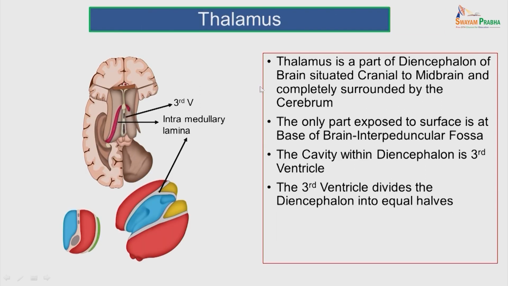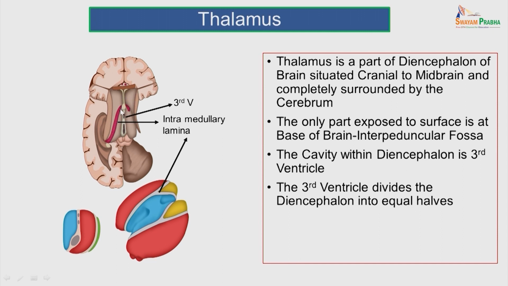The thalamus is a part of the diencephalon which is situated cranial to the midbrain, and it is completely surrounded by the cerebrum. In regular dissection, when we see the superior lateral surface or the medial surface, the thalamus is not so visible.